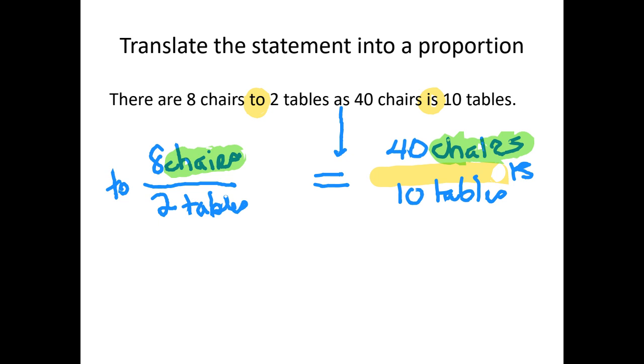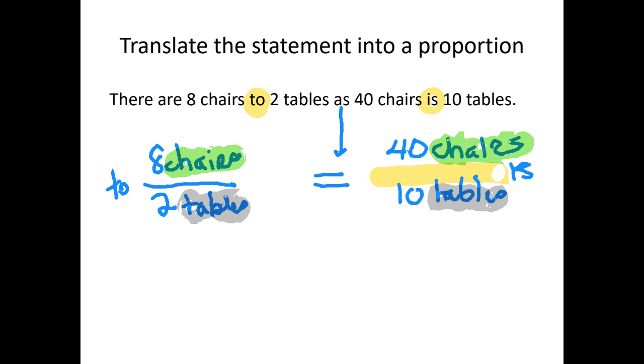Tables had better be in the denominator. To be a true proportion, the increments must appear in the same position for each fraction, ratio, or rate.